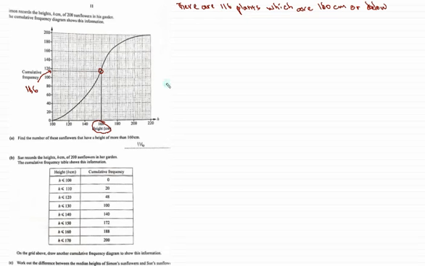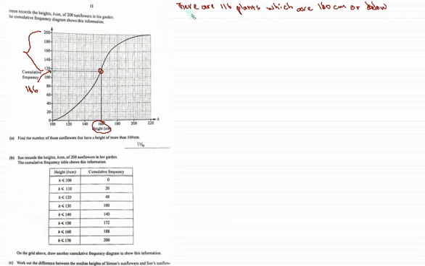Okay, now let's look at the question. The question says that you want the number of sunflowers which is more than 160 cm. Okay, in other words, it's trying to say above 116, altogether how many plants are above 116?